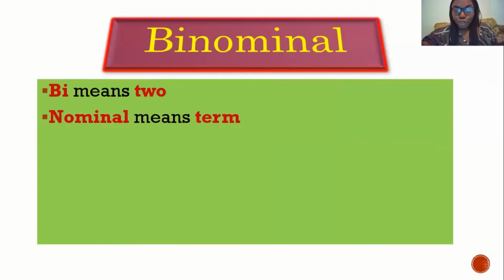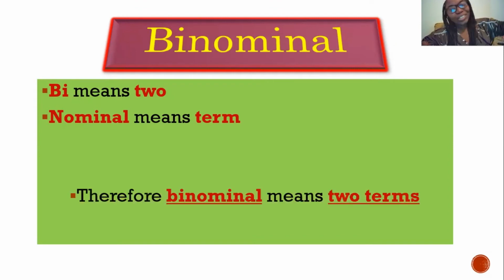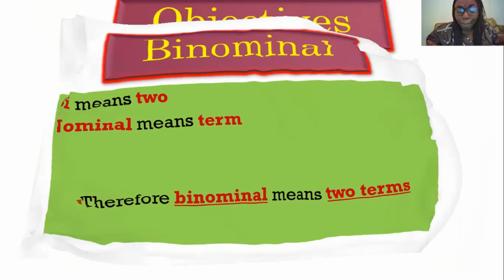So if bi means two, nominal means term. Simply put together, a binomial means two terms.